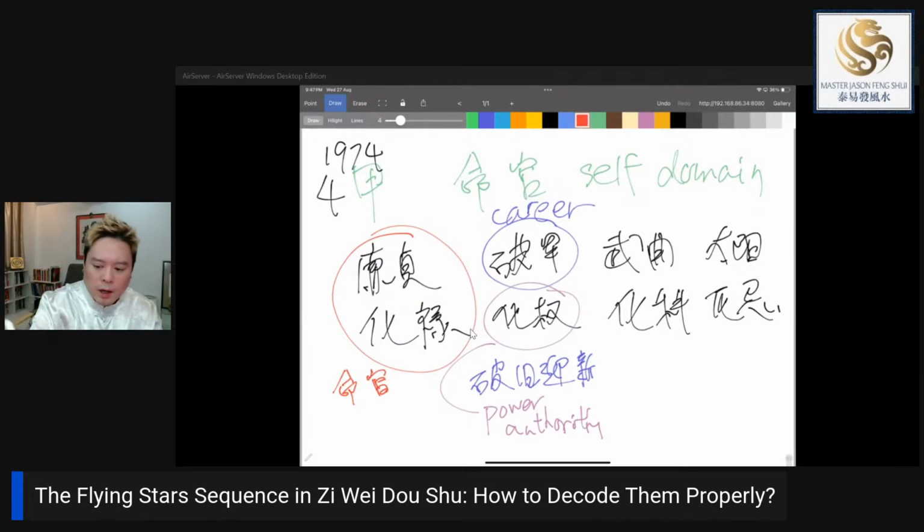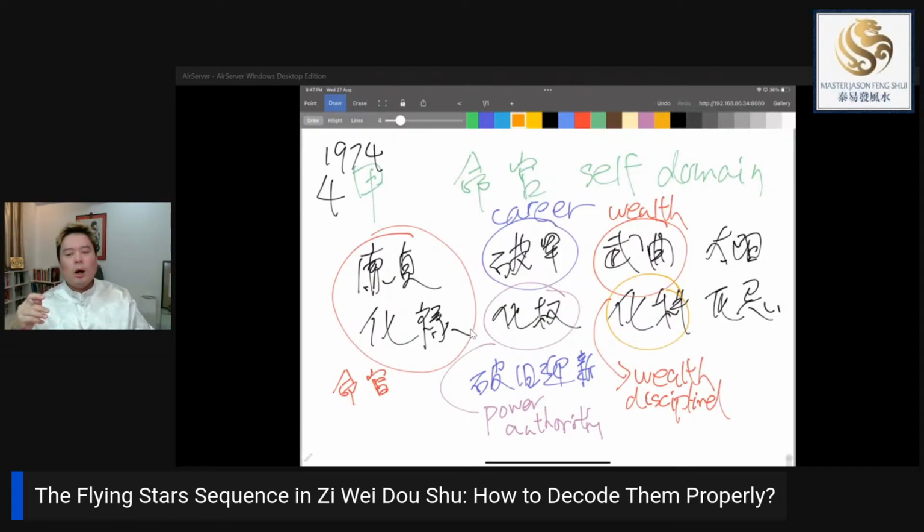And of course, if you see a Wu Qu within that person's wealth domain, Wu Qu itself is a wealth star, and they are very disciplined. So when being paired with Hua Ke, it could mean that that person is able to achieve great wealth in life through his or her good name and reputation.